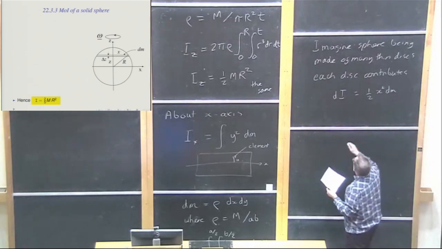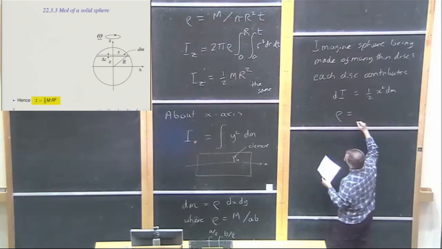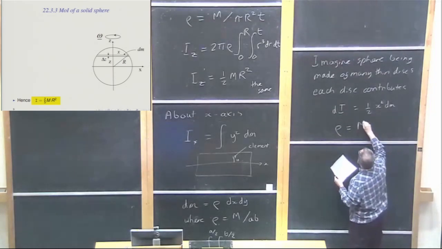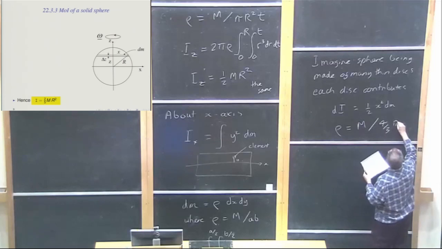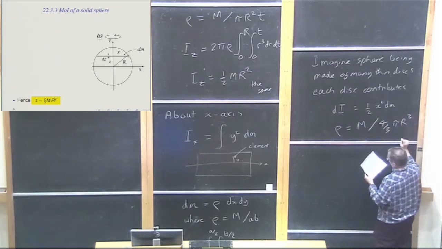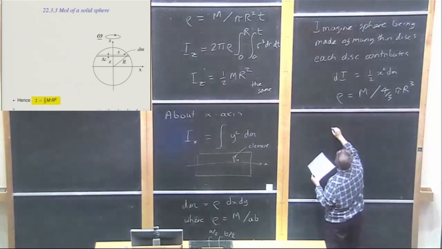Hence, once more we want to introduce a rho, and rho is going to be the total mass of the sphere divided by 4/3 pi R cubed.